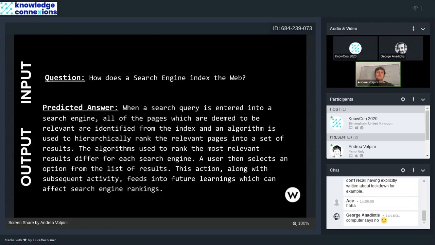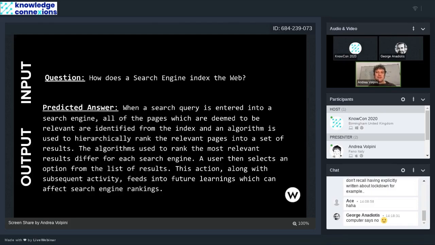This action of the user, along with subsequent activities like how much time the user spends on the page, and so on and so forth, is fed back into the machine for future learning, which might affect the results the next time.